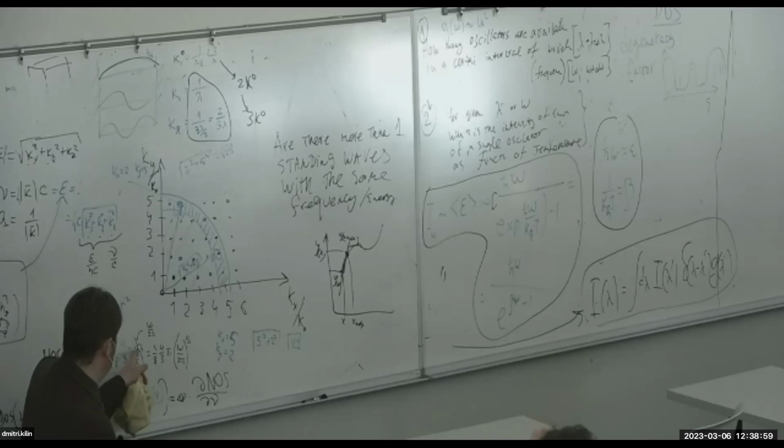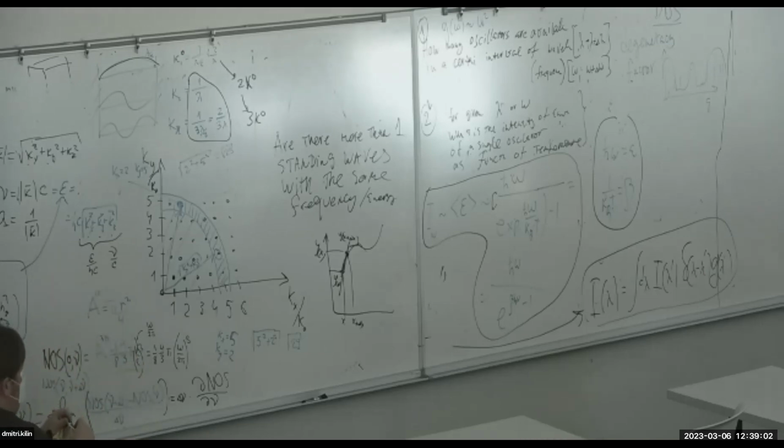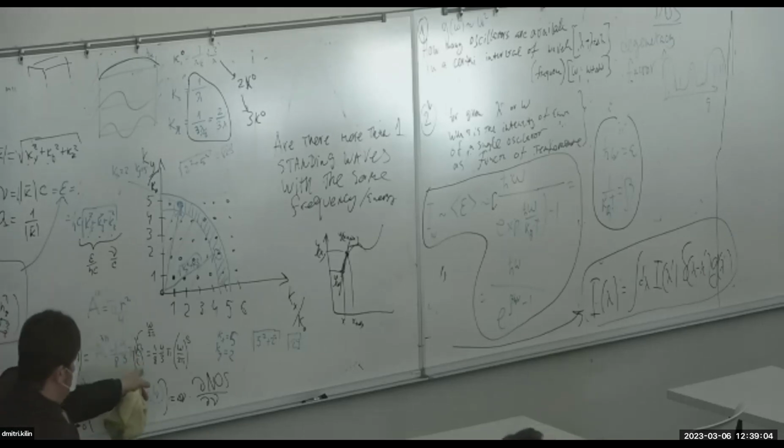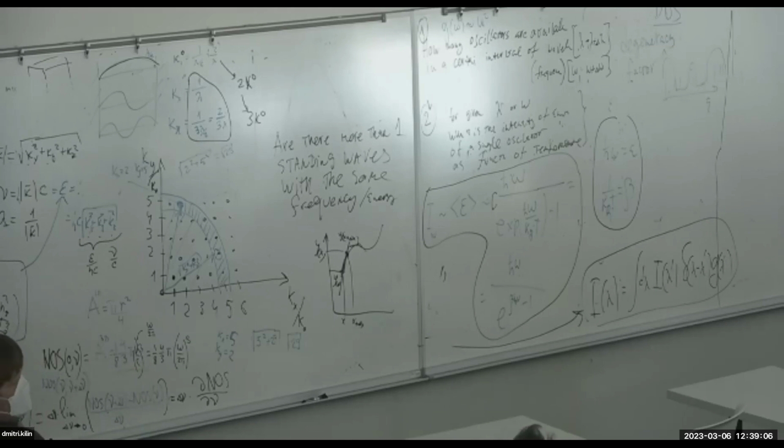So if frequency comes here into the third power, what does derivative do to the polynomial function? It decreases the power, right? Like derivative of x to the third will be 3x squared.